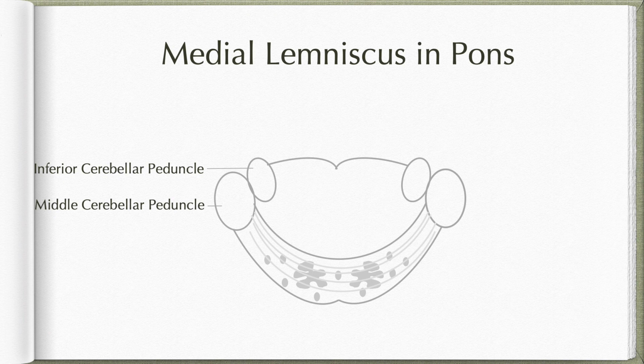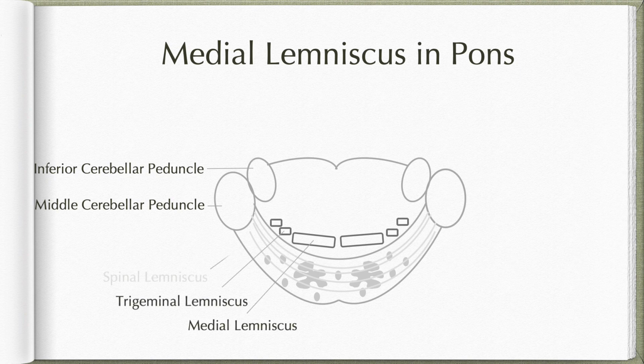So just behind this basilar part, we find a set of lemnisci. From medial to laterally, they are medial lemniscus, trigeminal lemniscus and spinal lemniscus. And at higher levels in the pons, a fourth lemniscus, which is known as lateral lemniscus, will also be added, therefore forming a band of lemnisci just behind the basilar part.